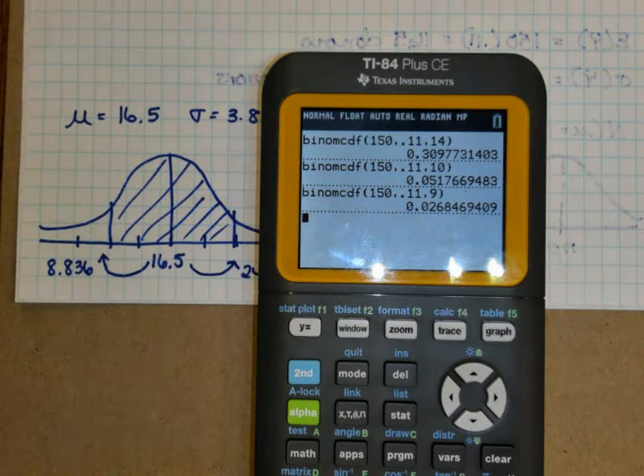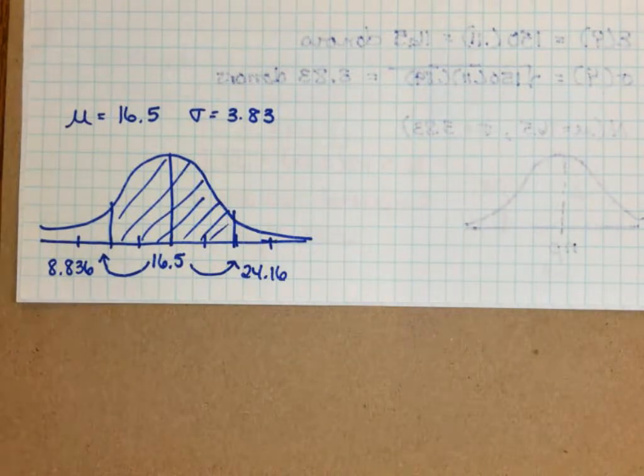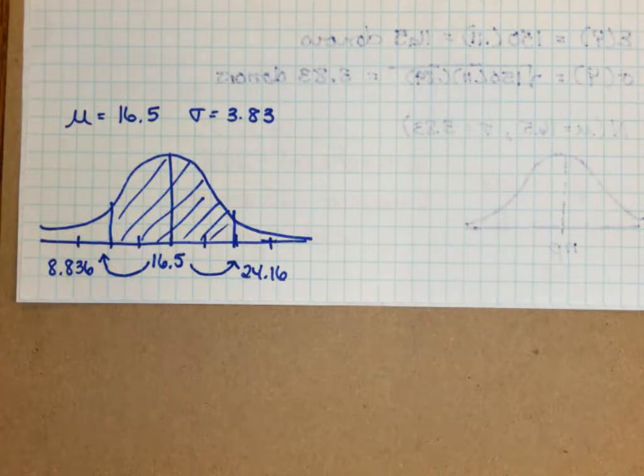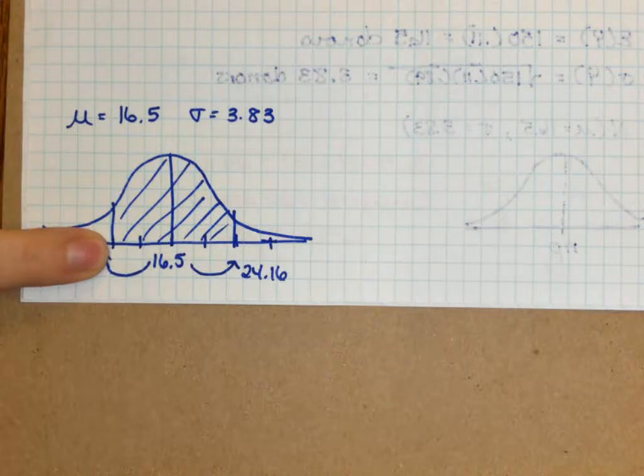Yes, ma'am. It's saying that if I thought 11% of donors had type B blood, and I went through all 150 people but I only got 8, the likelihood of seeing that 8 is so small, less than, remember my alpha of 0.05?